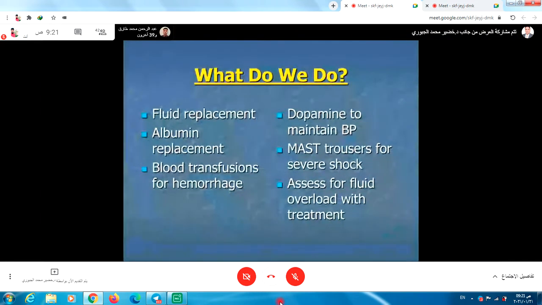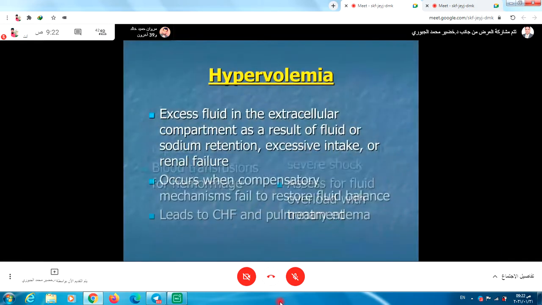Fluid replacement, albumin replacement, blood transfusion for hemorrhage, dopamine to maintain blood pressure, and trousers, a type of pants worn for severe shock to help return the venous drainage. Assess for fluid overload with the treatment.